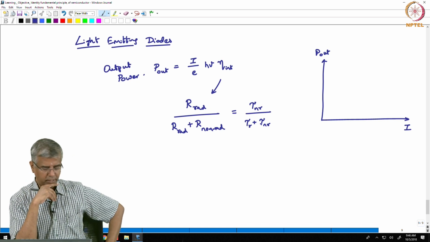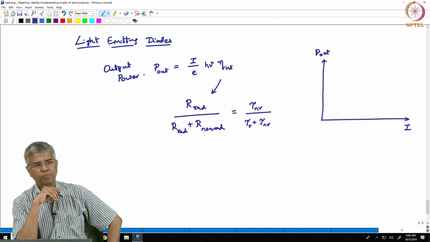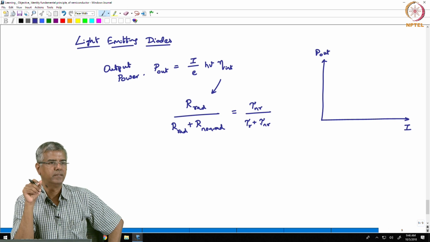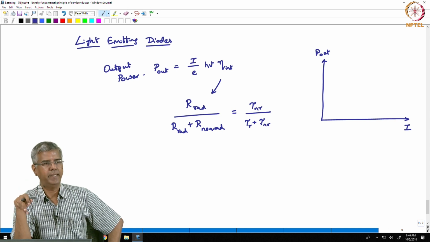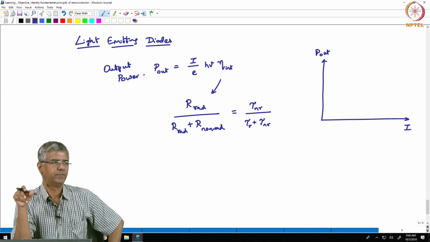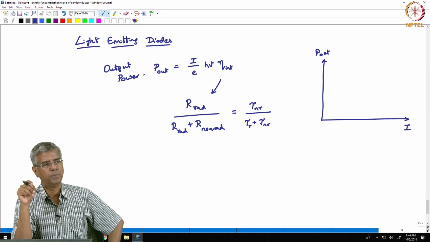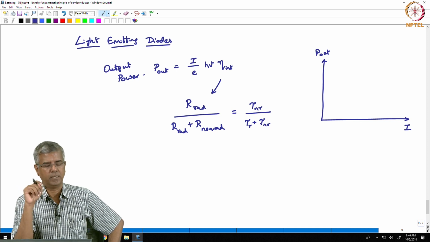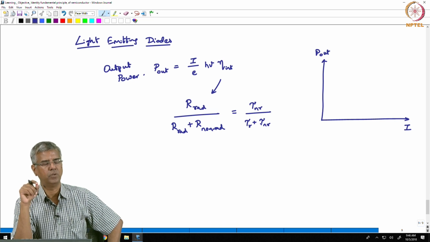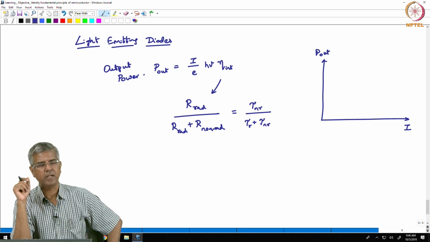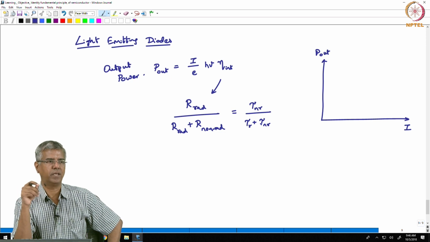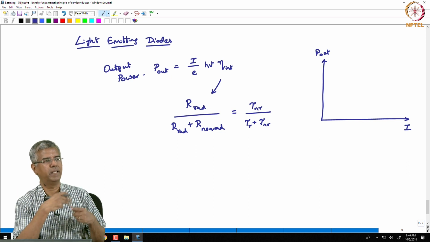So it basically says that if tau r is far less than tau nr, then eta int is going to be equal to 1. That is one of the advantages of this heterostructure, because what it essentially means is that you have this carrier accumulation, which immediately says that once the carriers are accumulated, they can immediately recombine.